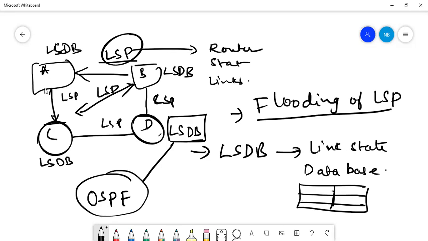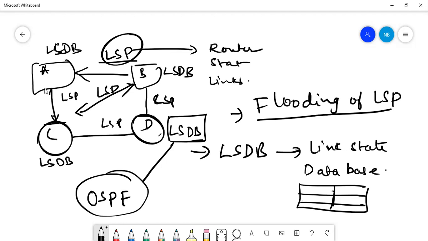So if the routers in this scenario, in the autonomous system, are applied with the OSPF protocol, open shortest path functionality, then only will this information be common.